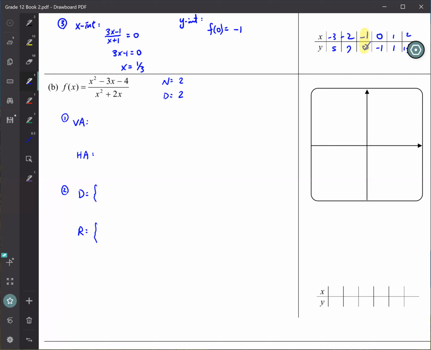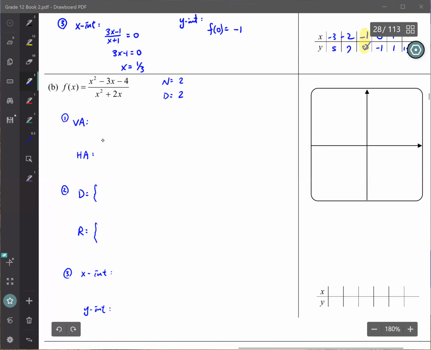Okay, and then we have x-intercept, y-intercept. So we'll check 1, 2, 3 first. If you finish 1, 2, 3, you can raise your hand.